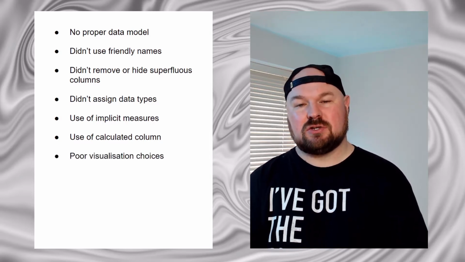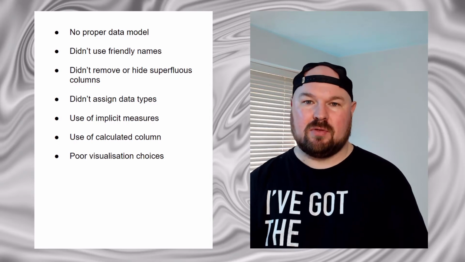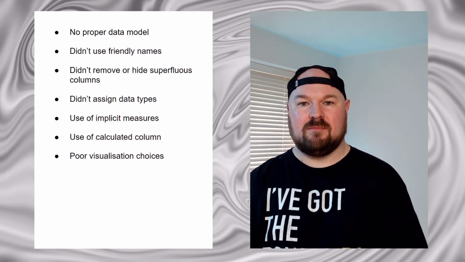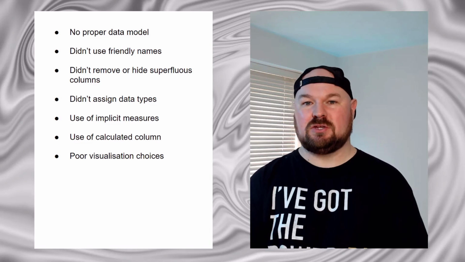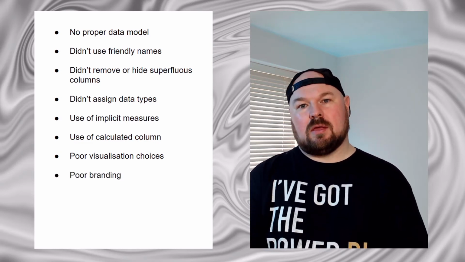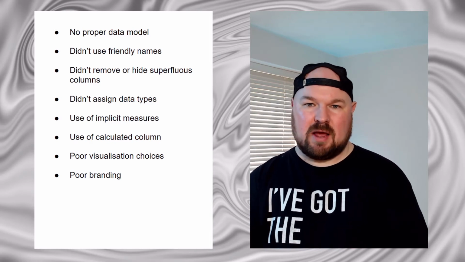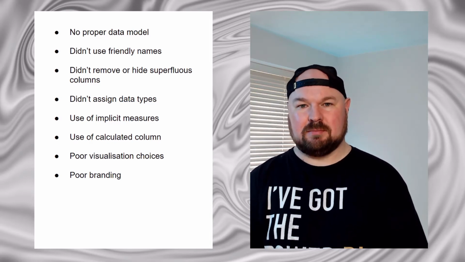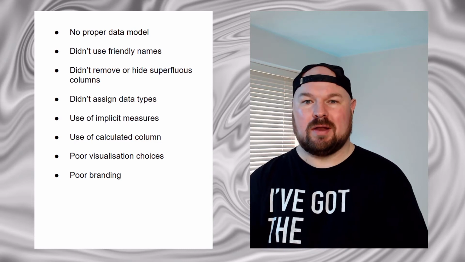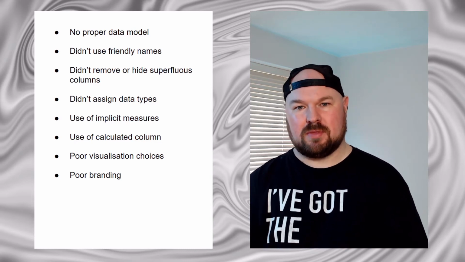My visualization choices were pretty poor. There wasn't really any thought put into the best way to visualize that data for the people that are going to be consuming it. And the branding was kind of an afterthought. I chucked on an IMDb logo, but there wasn't really any attempts to tie that in with a wider IMDb kind of corporate theme.